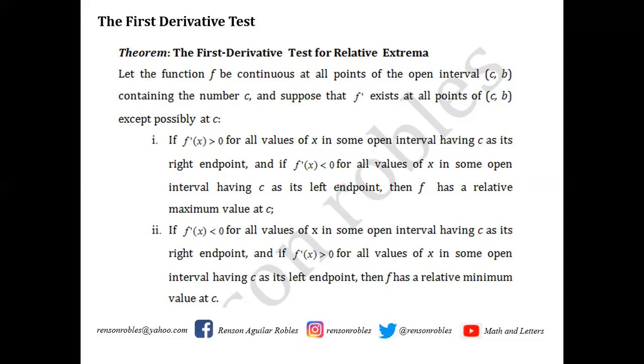So that means when you take a number on the left side of c, and f prime of that number is greater than 0, then c is a relative maximum value.